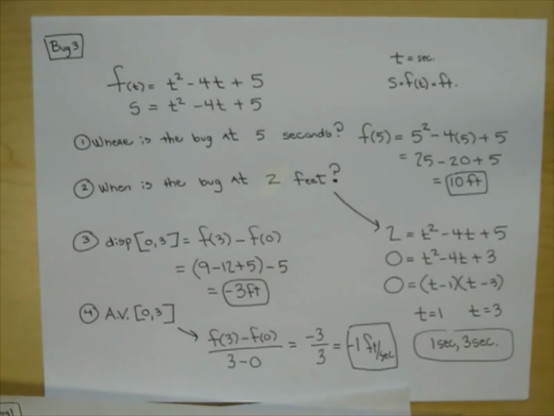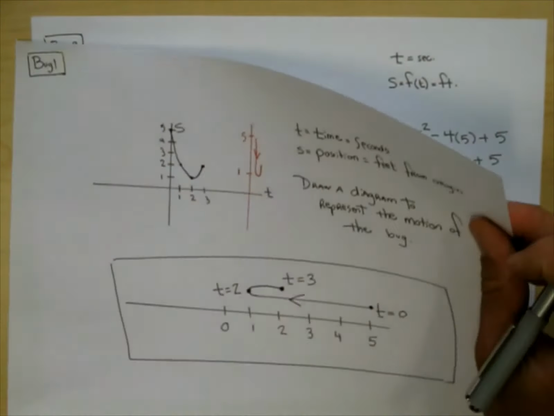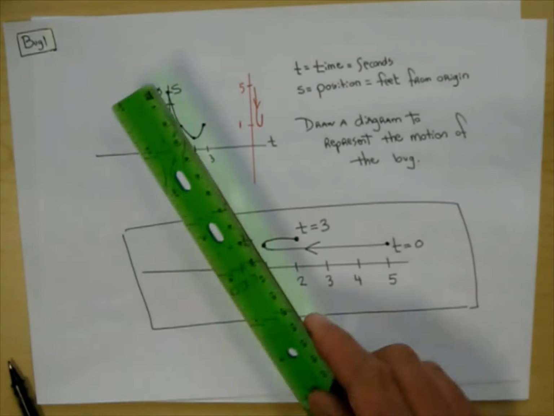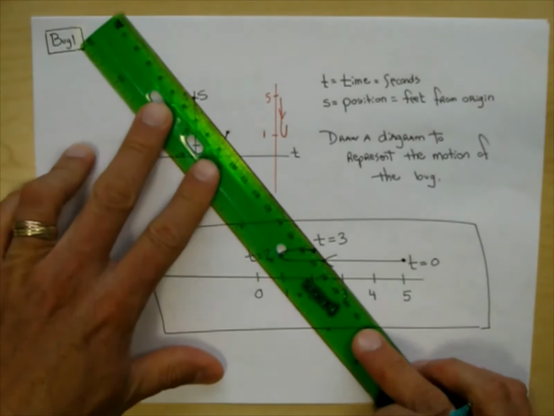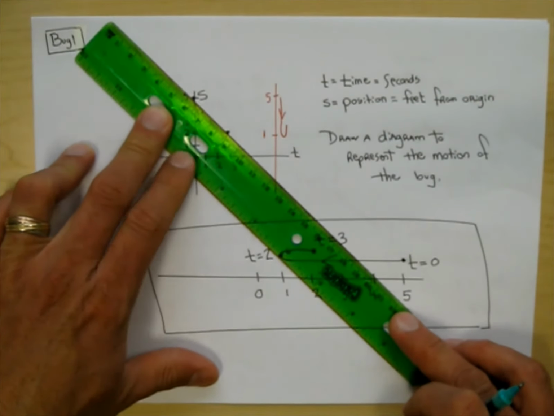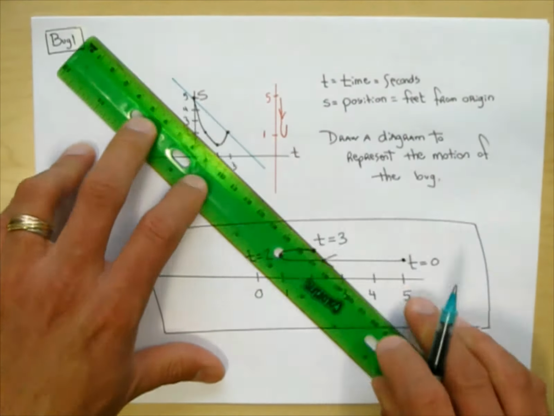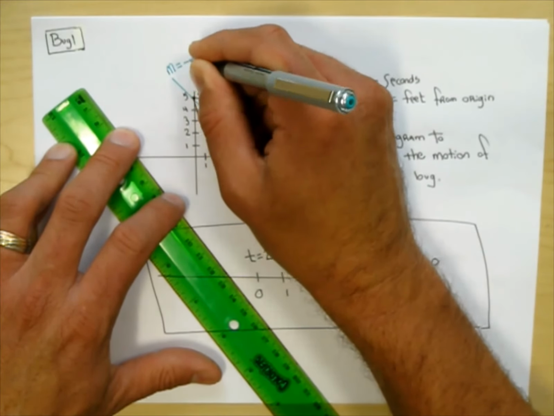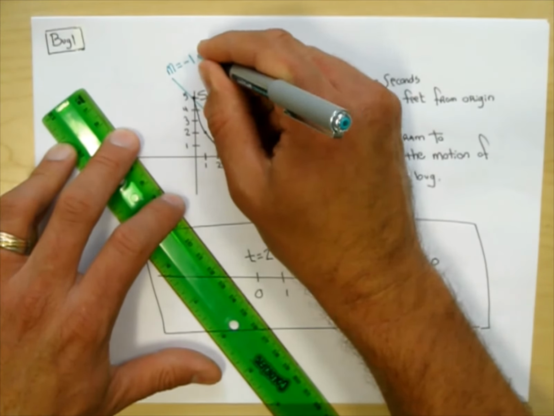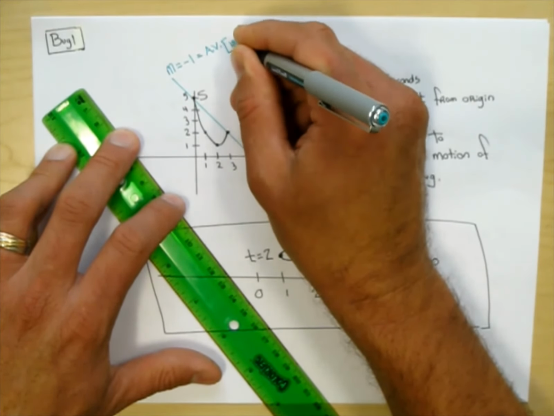Also, let me just point out one other thing. We said that the average velocity was negative 1. If you connect those 2 points, the one at t equals 0 and the one at t equals 3, and draw that secant line through the graph, it has the slope of negative 1, which is really the average velocity from 0 to 3.